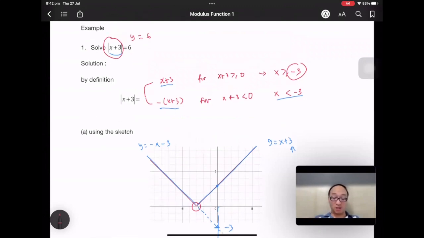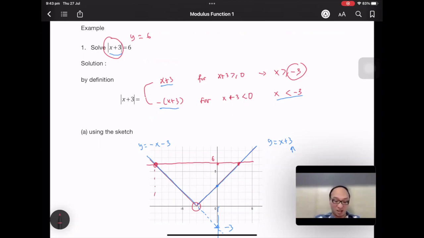So if I draw y equals 6, so this is 6, and then I can draw a horizontal line. So we can see that the line and the modulus function intersect at 2 points, here and here.